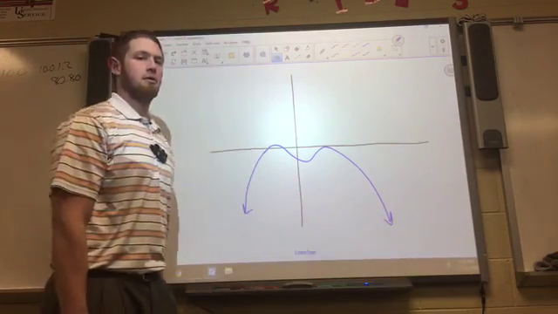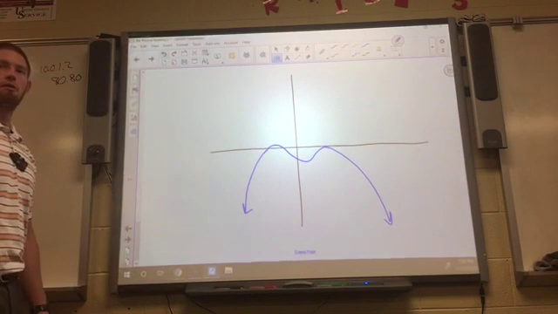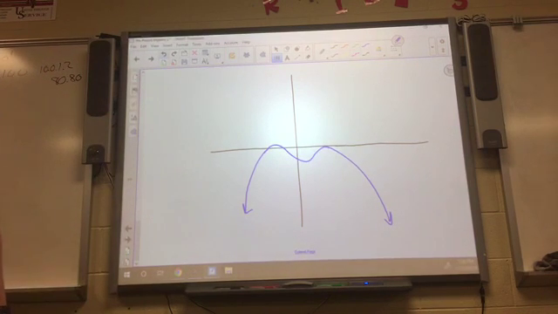Yes? So you know how it does a little up and down in the middle? How come it doesn't do that when you get to bigger numbers? I don't get why that doesn't. Every degree has a different rule of how it changes the graph. Is that what you're asking? I'm asking, you know it goes down over here.